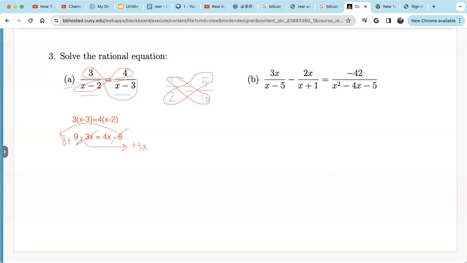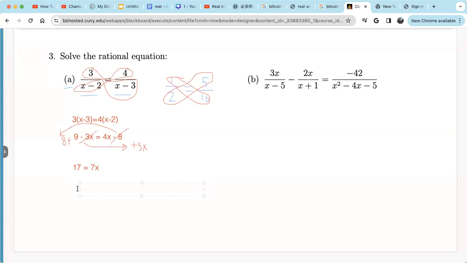Add 8, this is gone. Add negative 3x, that's gone. So now we can combine like terms because the like terms are on the same side now. 8 plus 9, 17 equals 4x plus 3x, 7x. Right, now let's divide by 7 on both sides. For an equation, I can write x on any side.